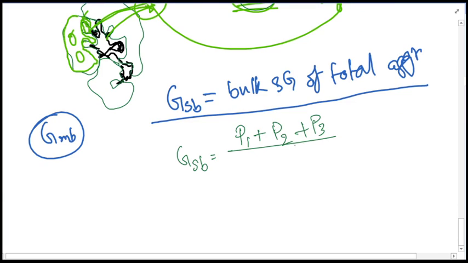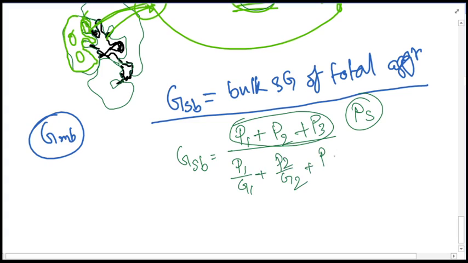The total portion of these three is PS, and we take the individual volumes: P1 divided by G1, P2 divided by G2, and P3 divided by G3, where G1, G2 and G3 are the specific gravities of P1, P2 and P3 respectively. All of these are bulk specific gravities for the individual materials: coarse, fine and mineral filler.